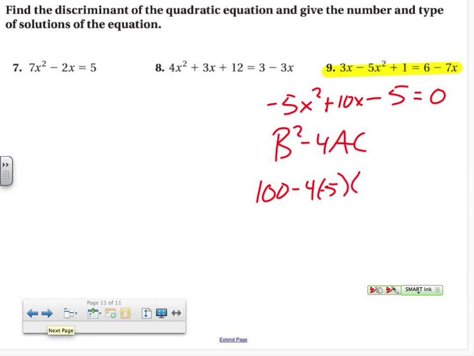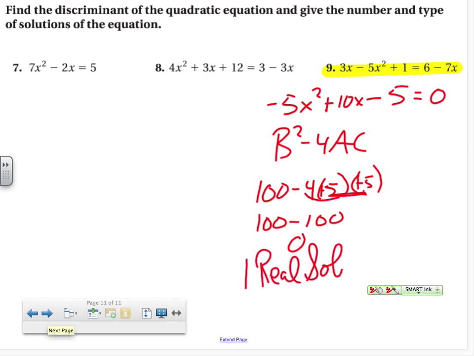C is negative 5. Right here we have a double negative, so two of them are going to cancel. 5 times 5, that's 25, times 4 is 100. That's 0. Our discriminant is 0, so we have one real solution, which is a double solution, meaning our solution lies on the vertex.